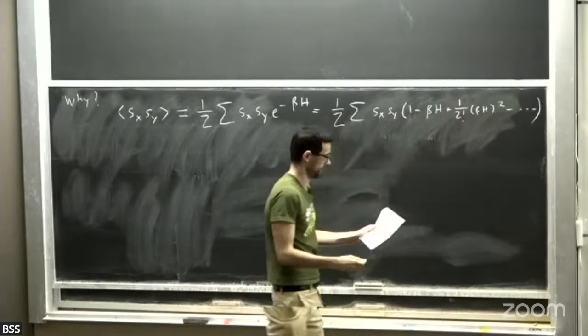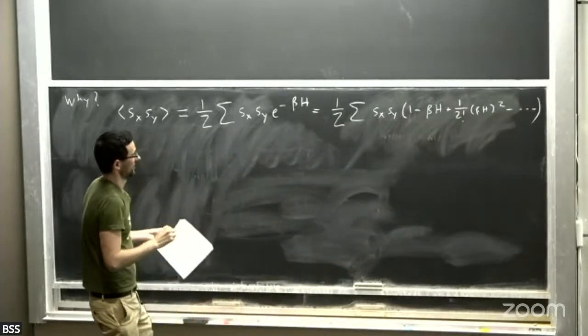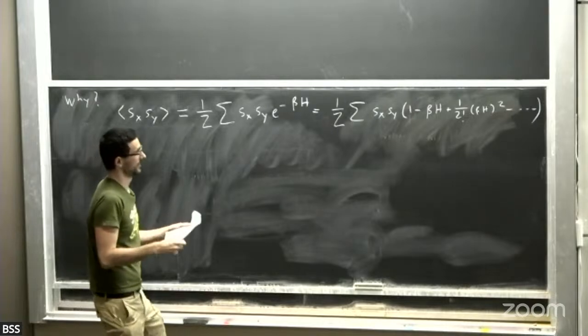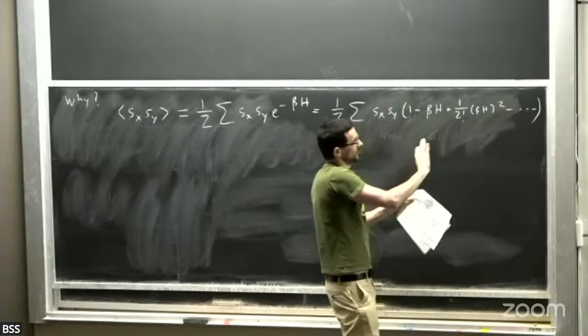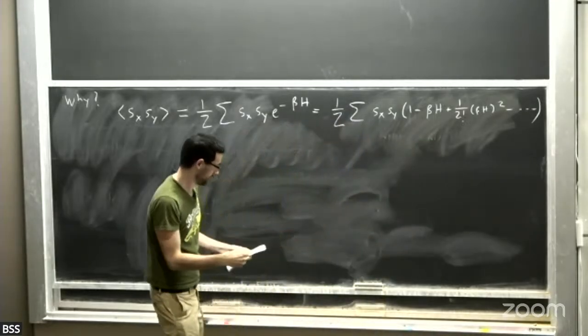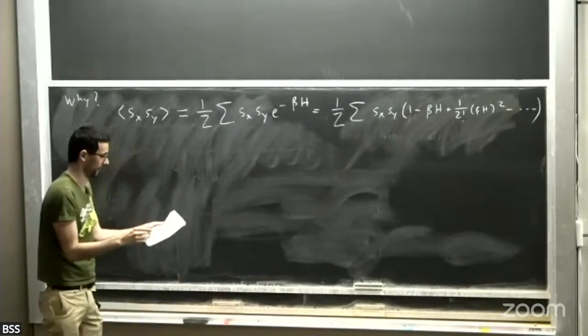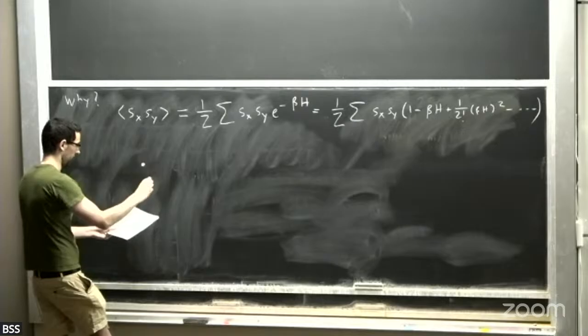Formally this is a bit sus, right? Because h is extensive. So this series does converge, but you need to go to very high order. But here's where I'm going to elide the details. You can imagine the following.